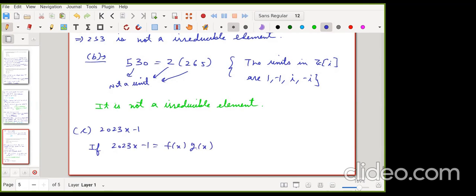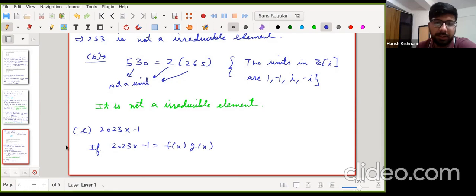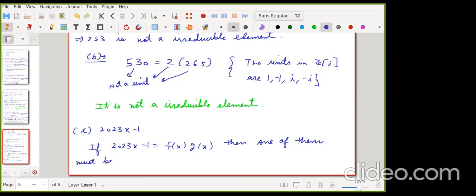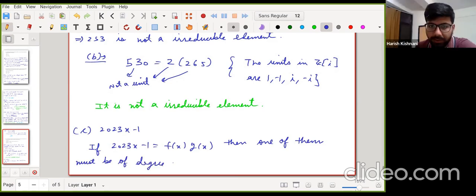So if it can be written as a product of two polynomials, then one of them must be of degree 1, another must be a constant.